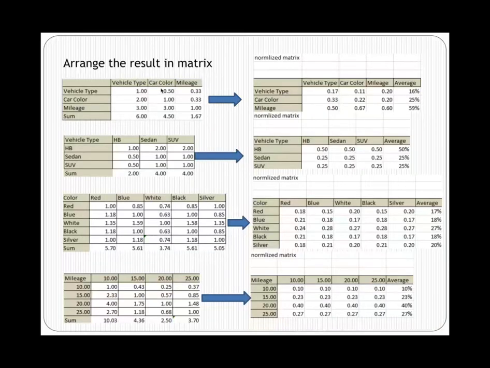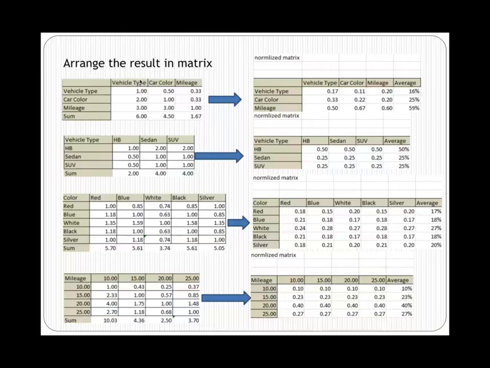This means that car color is half as important as vehicle type. So vehicle type is twice as important as color. If the car color is X, vehicle type will be 2X, which is the inverse of this.